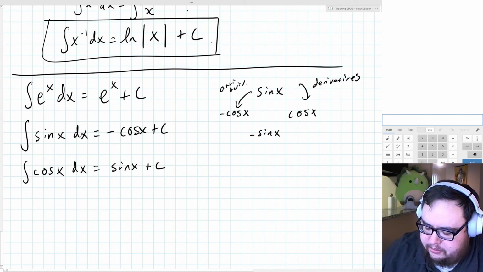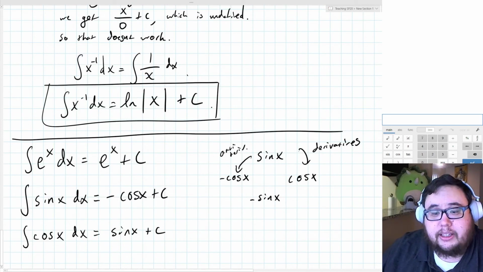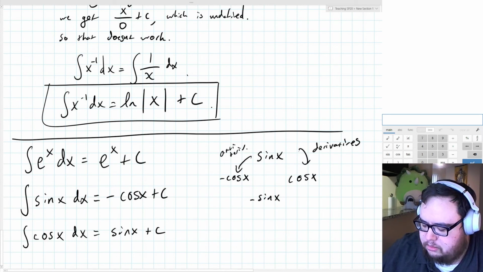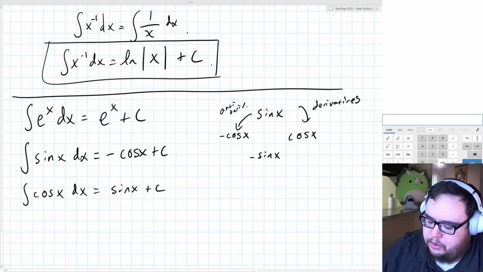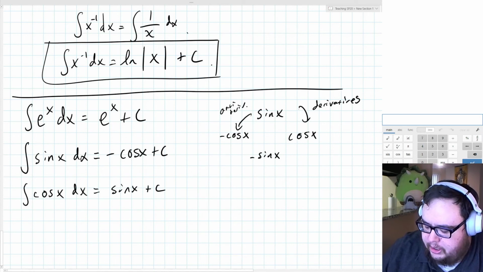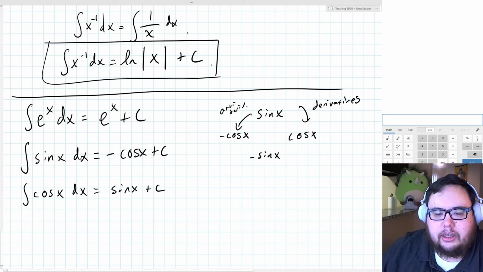Actually, the British call counterclockwise anti-clockwise, which makes this work a lot better for people who are British. But nevertheless, clockwise for derivatives, counterclockwise for antiderivatives. You're going around in a circle like that. So if you remember the derivative rules, sine, cosine, negative sine, negative cosine, you can just go backwards around that to get the antiderivatives.